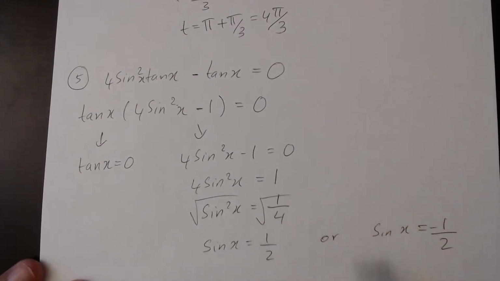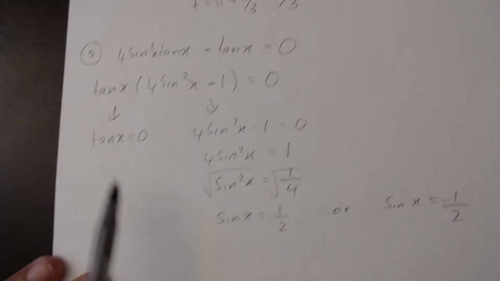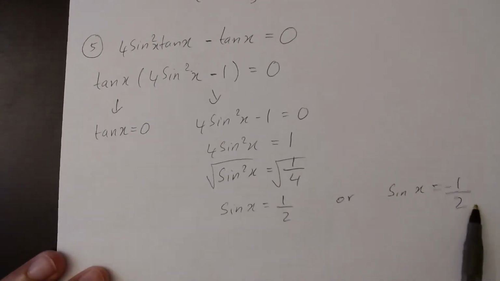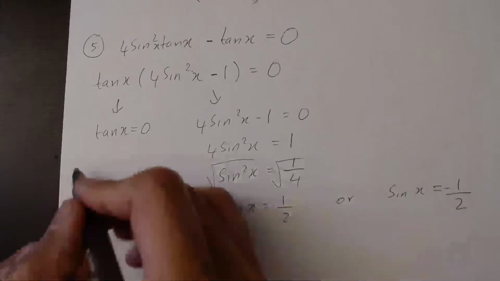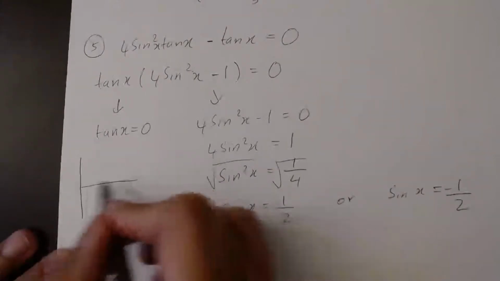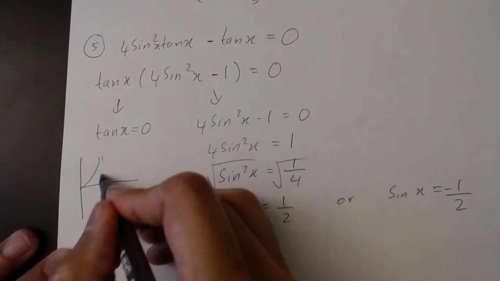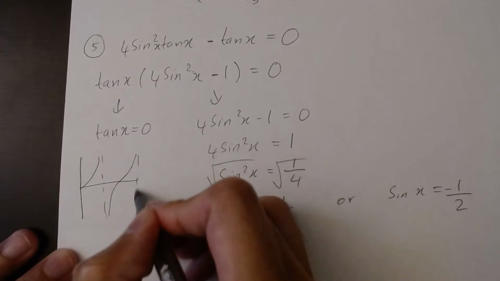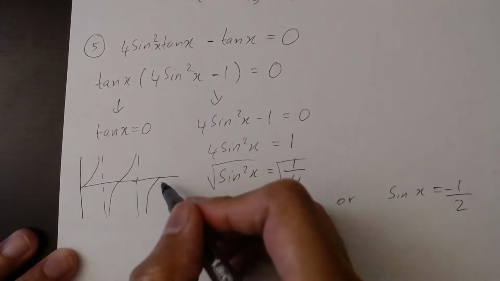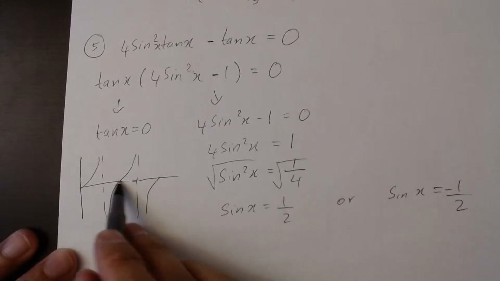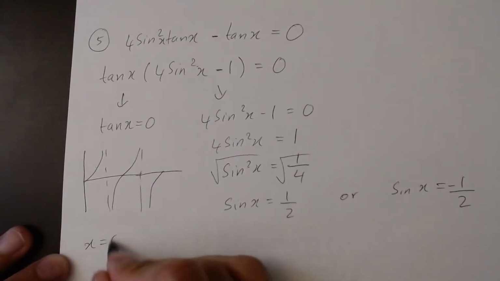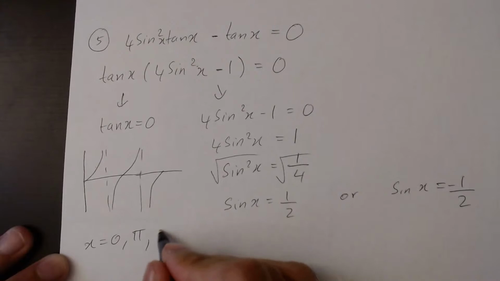Remember, when you square root, you'll always have two solutions. So I have 3 equations to solve here. For my tan equation, it's 0, so I'll use a tan graph. And I did this one a bit earlier, so I'll do it a bit quick. My first 3 solutions are 0, pi, and 2 pi.